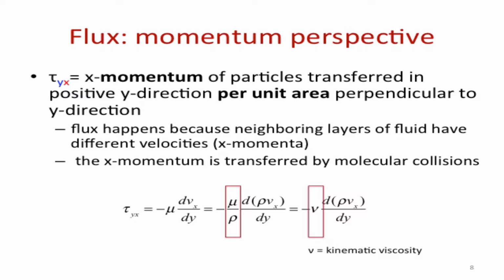Then I can look at tau yx. If I divide my original mu by rho, I'm going to get kinematic viscosity. And this is a difference or derivative of momentum. So this is sort of like a momentum view. This is how I defined it, and I can look at it in this way. So this is interpreting the original force perspective as a momentum perspective. Does that make sense?